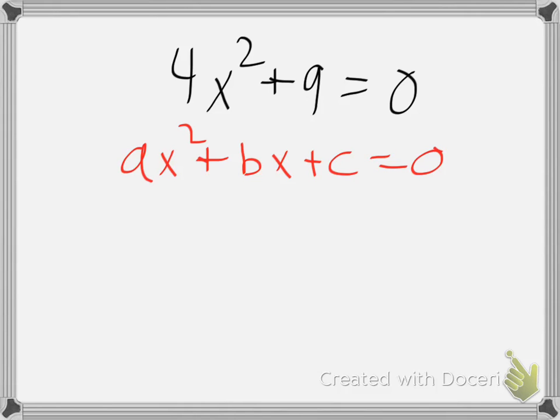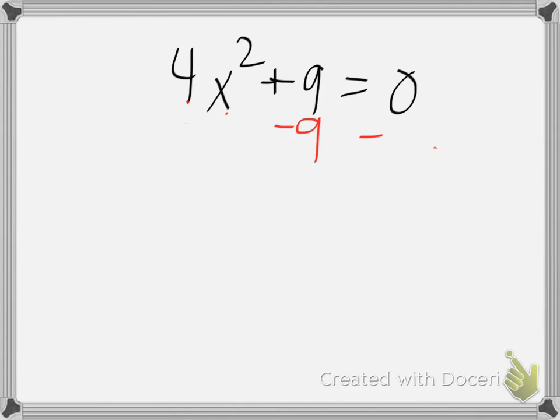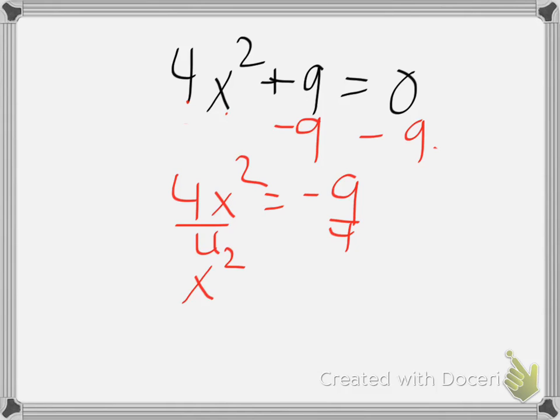So to solve this, I'll isolate my x squared by starting by subtracting 9. Now I have 4x squared equals negative 9. Divide by 4. So x squared equals negative 9 fourths.